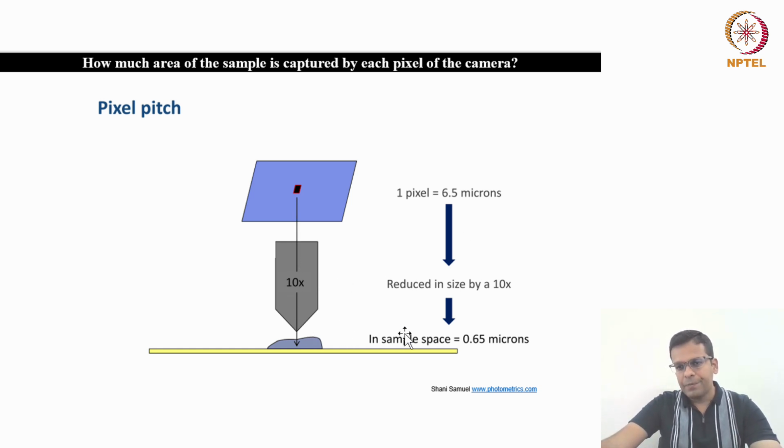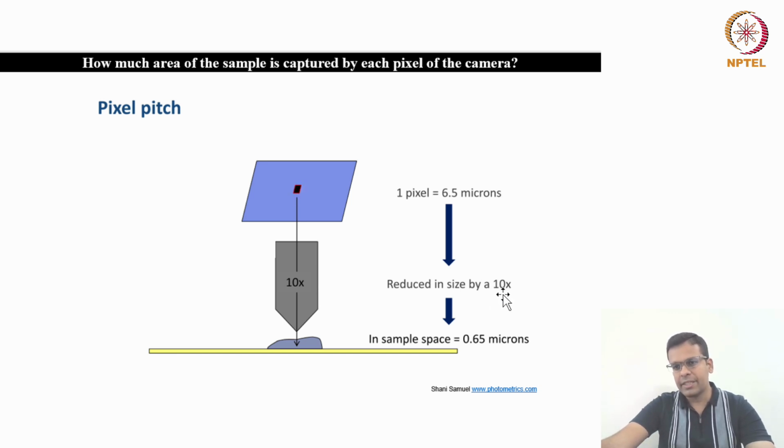So let's say this one pixel size is 6.5 micron. Ideally, if you are using the 1x objective, it should capture the photons coming from the 6.5 micron area of the sample. But you are using a 10x objective. So only 0.65 micron area of your sample is projected on this pixel of 6.5 micron.